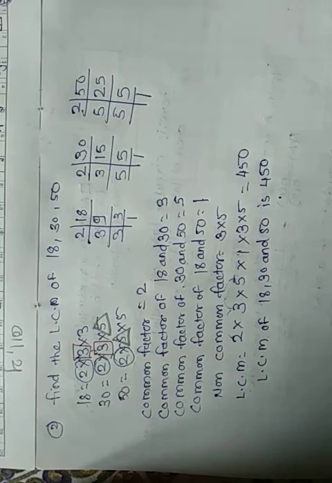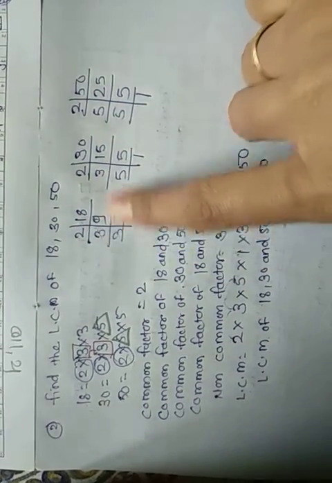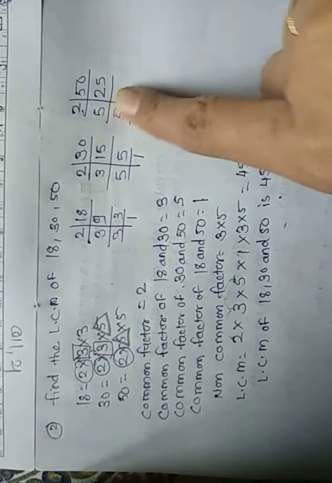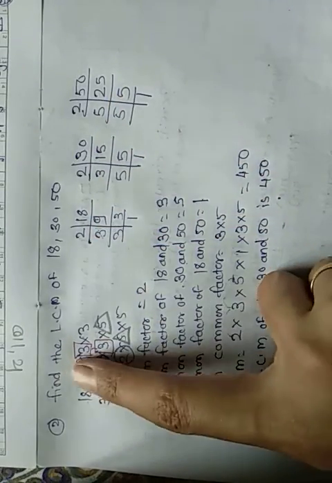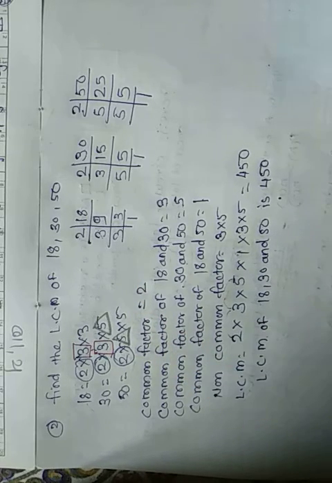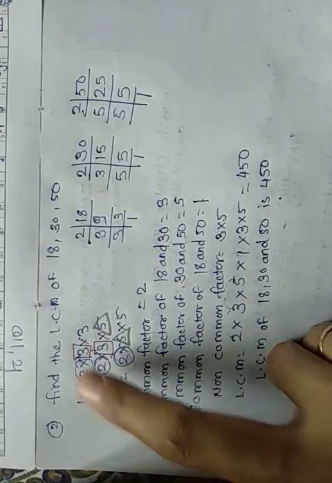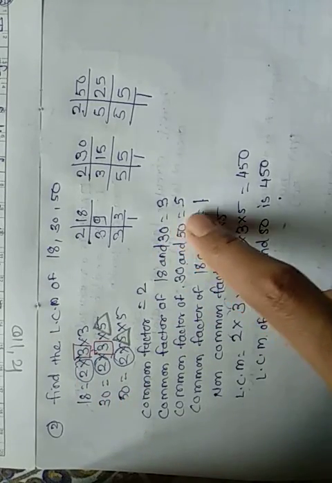Let me explain it again. If you need the LCM of three numbers, first factorize all the numbers. Then find the common factor between these three numbers, that is 2. Then find the common factors between two numbers. Common factor of 18 and 30 is 3. Common factor of 30 and 50 is 5.